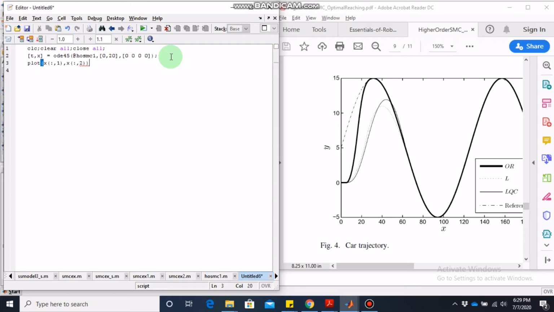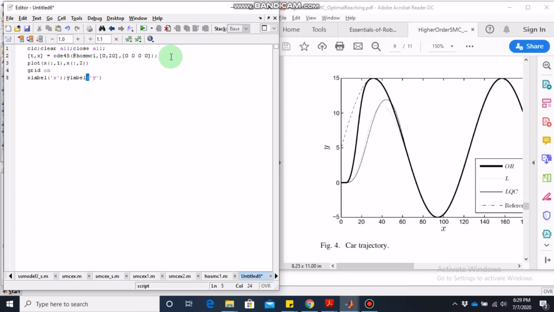So we plot it like this, and we make grid on, and maybe we can add xlabel to be x and ylabel to be y.